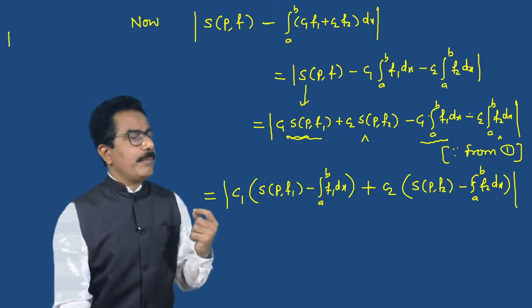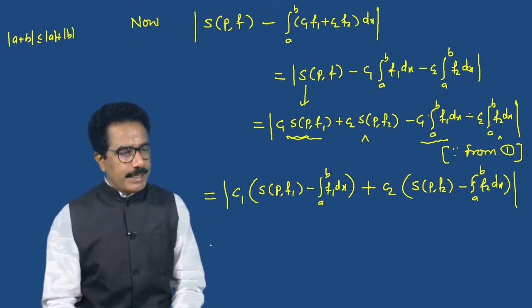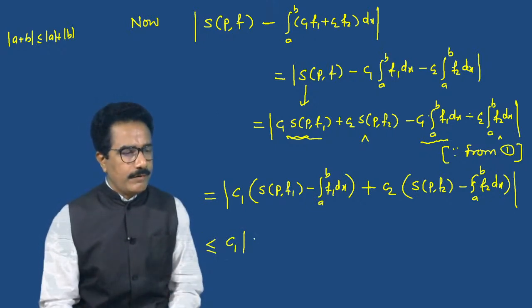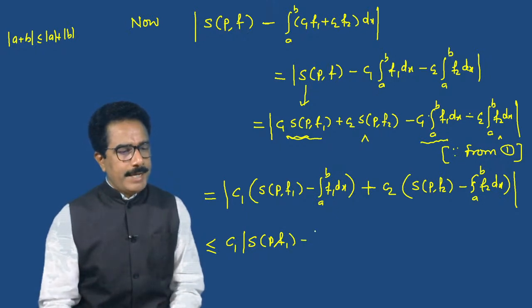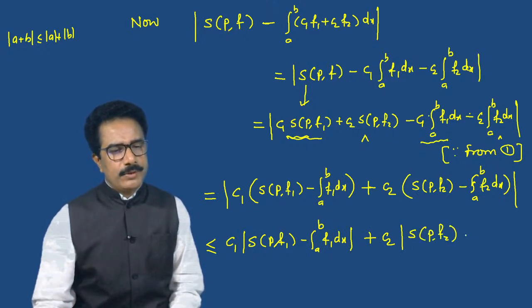You know that what is the property? Mod of a plus b is less than or equal to mod a plus mod b. So this can be written as, which is less than or equal to, c1 into mod of S of P comma f1 minus integral from a to b f1 dx plus c2 into mod of S of P comma f2 minus integral from a to b f2 dx.